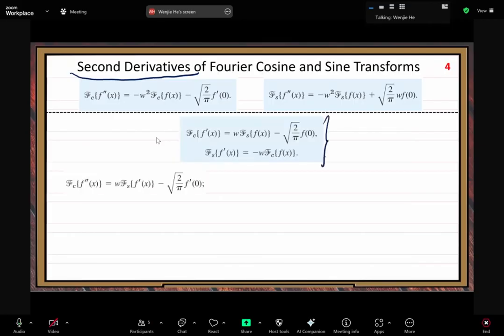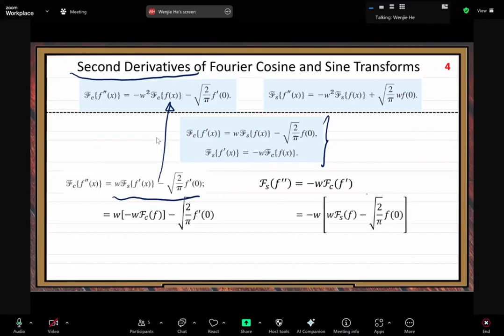We apply it the first time, then the second time. After simplification, you get that. Then the Fourier sine transform of the second derivative, the first time, then the second time, and you get that. So the second derivative is very easy.